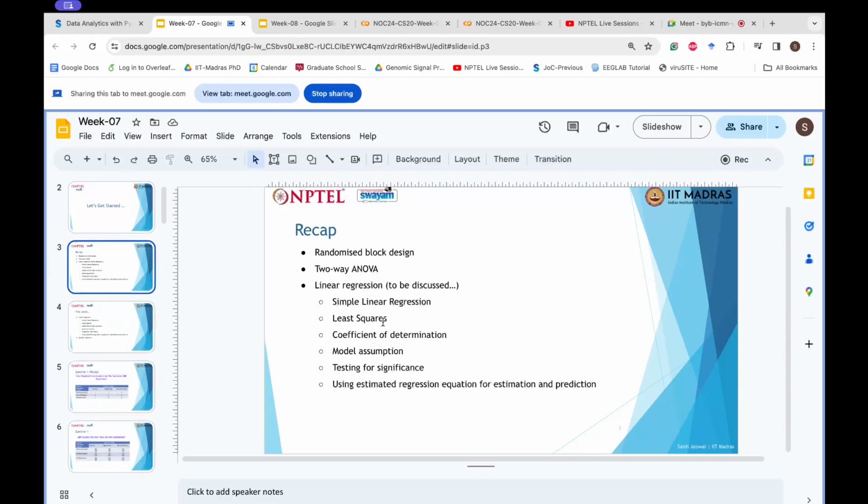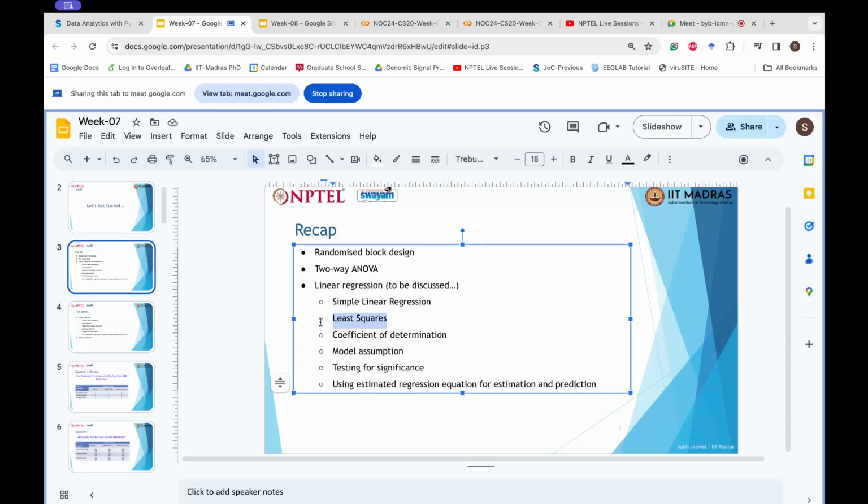And in that case we saw the least square method, which we use to fit the linear model.